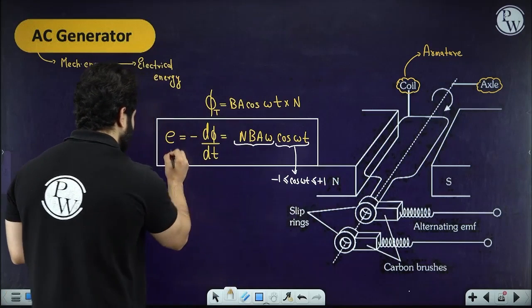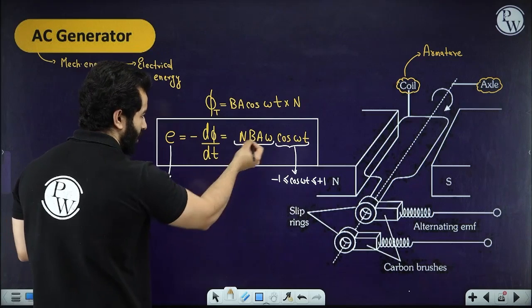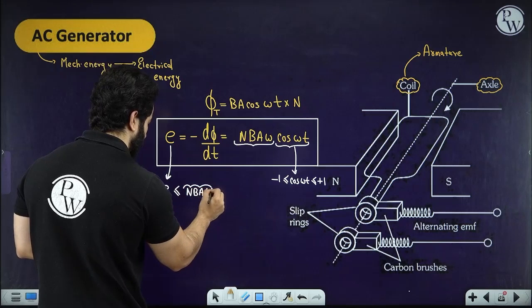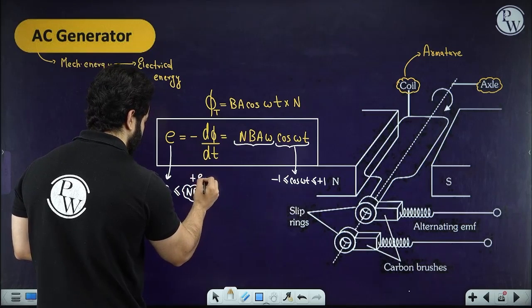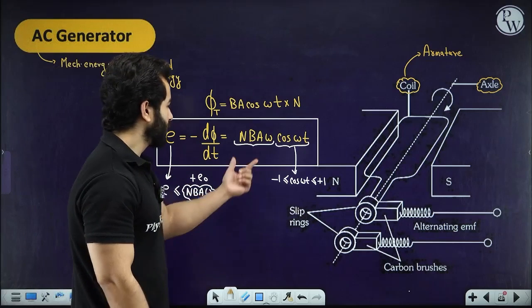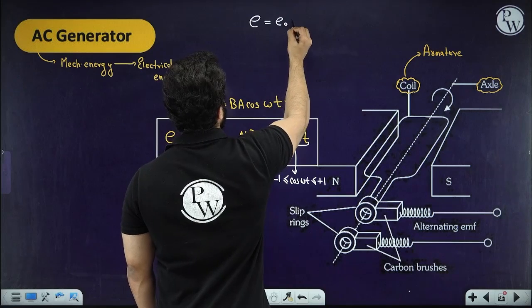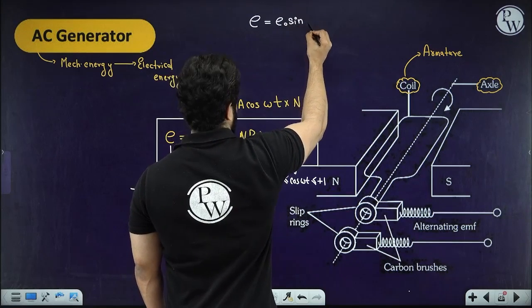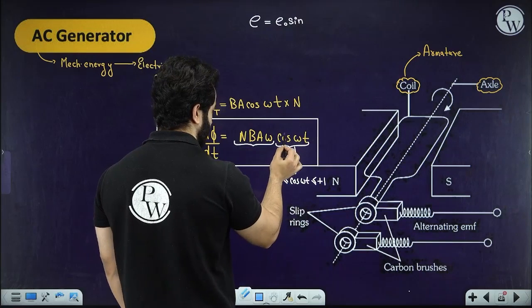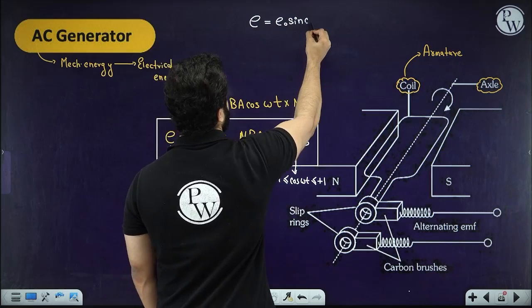That means this E will have maximum value as some E naught, that is NBA omega, which we are going to call plus E naught, and similarly minus E naught for the minus part. So this is the maximum EMF. So now EMF can be written as E naught sine, sorry, my bad, this is sine. So this is going to be E naught sine omega t.